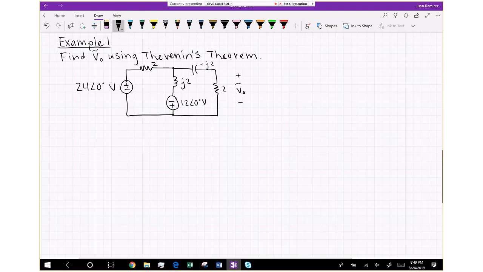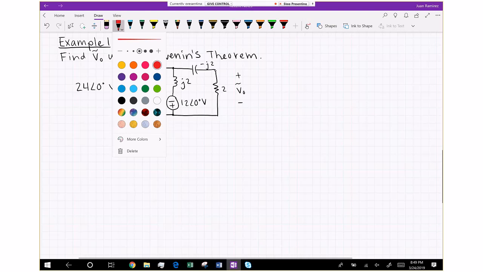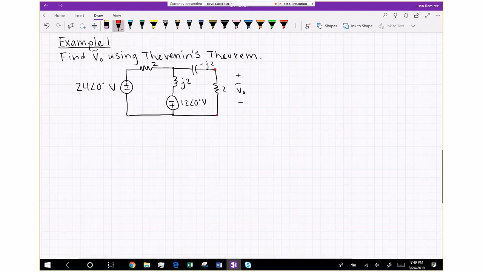Okay, so V out is the voltage across that 2 ohm resistor. So what I'm going to do is call that 2 ohm resistor my load impedance. Okay, so that's our load. So now we're going to find the Thevenin voltage. Step 1: find open circuit voltage, which is the same as the Thevenin voltage.